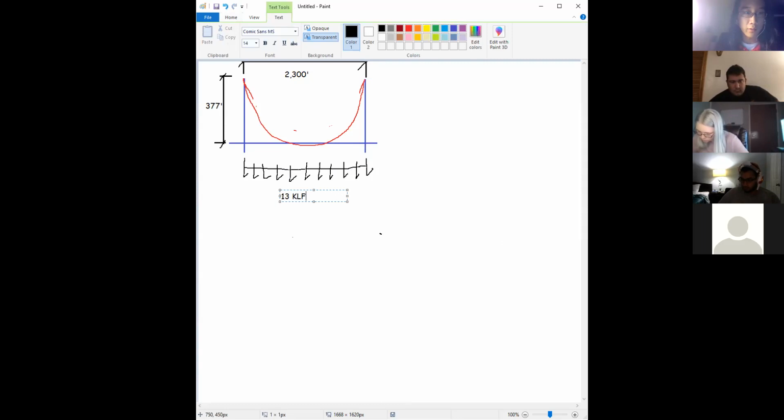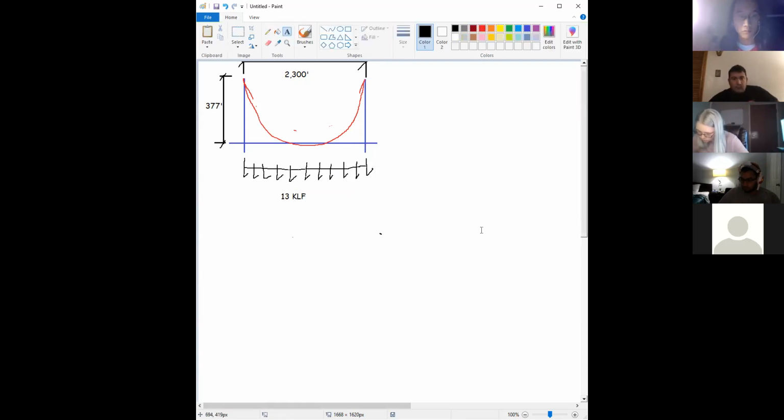What does KLF stand for? Kips per linear foot. So you have your linear force right here.